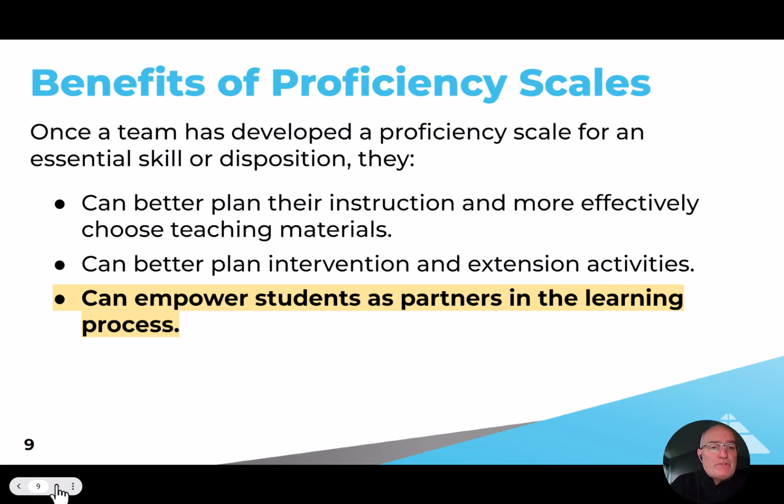If you have a proficiency scale, it's easy to first identify exactly where a student is and see an individual step that student can take. And more importantly, plan an instructional action, your next instructional step to move that student forward.